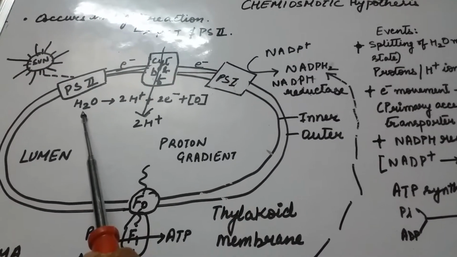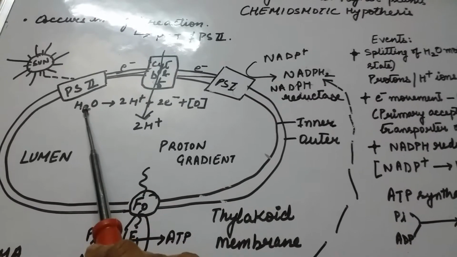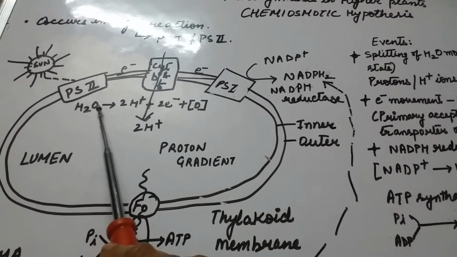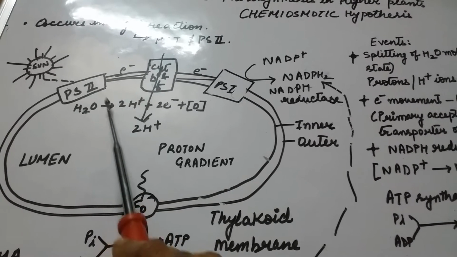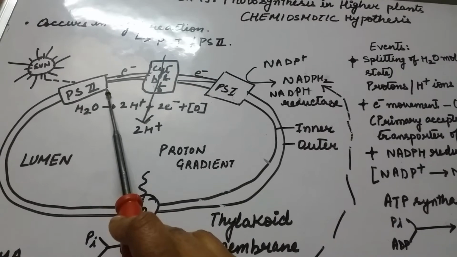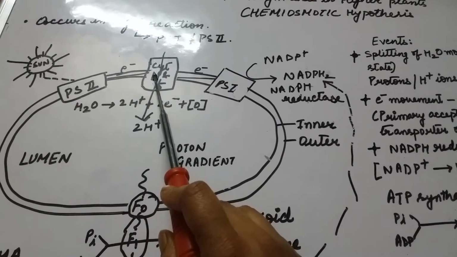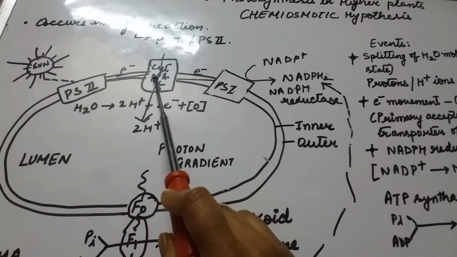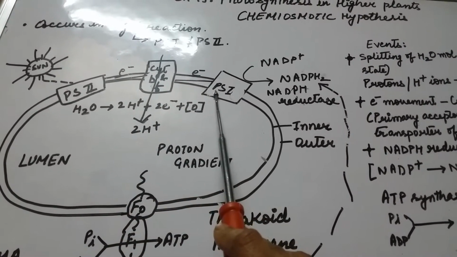When the photolysis of water occurs in PS2, hydrogen and electrons are formed after the splitting of water, thereby causing their excitation and activation, which are then utilized by cytochrome B and F to transport those electrons to PS1.